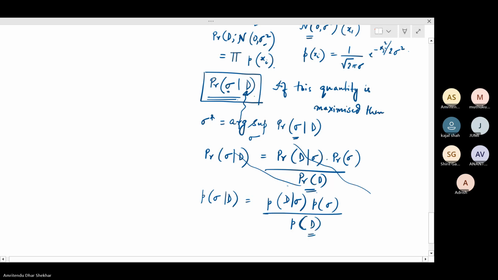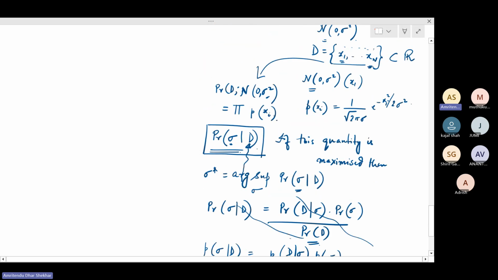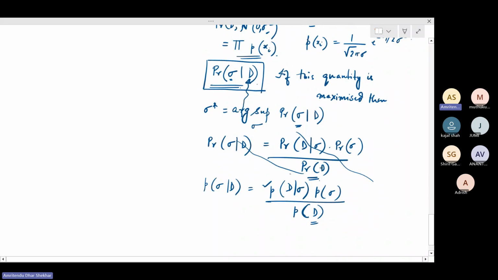Now, this is some quantity that you know. This is basically this quantity. You can plug this in. And p(sigma) is an a priori probability. An a priori probability is some idea of probability that you have in your mind. So you think that sigma is something like this.